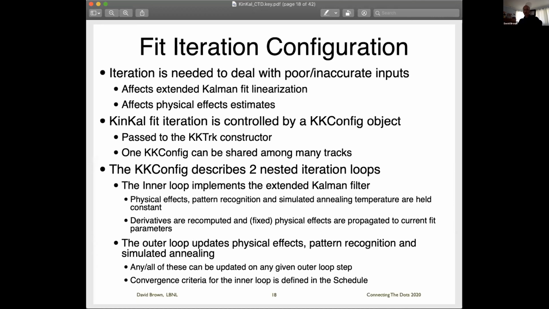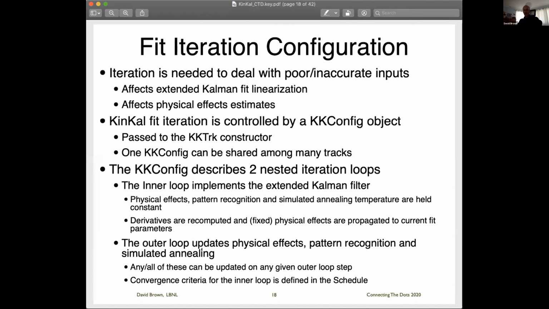So the fit iteration is controlled by a dedicated object, which can be shared. It's a configuration object that can be used for many different tracks. It describes two nested loops. The inner loop implements the extended Kalman filter, holding all of the physical effects, the pattern recognition, and the annealing temperature constant, recomputing derivatives until those numerically or algebraically converge.